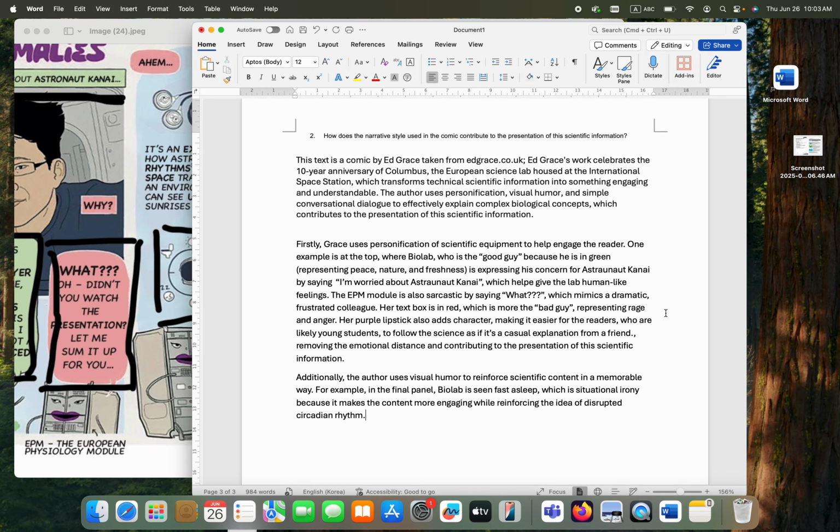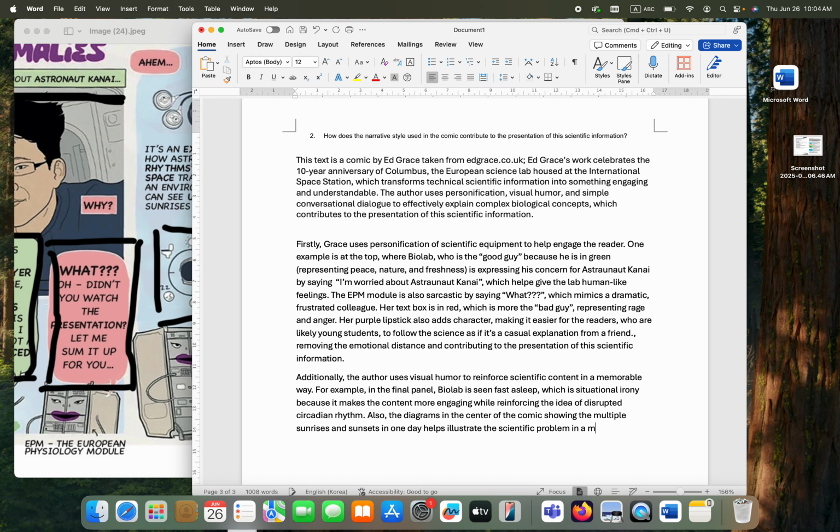So let's write it. Also, the diagrams in the center of the comic showing the multiple sunsets and sunrises in one day, it helps illustrate the scientific problem, right?